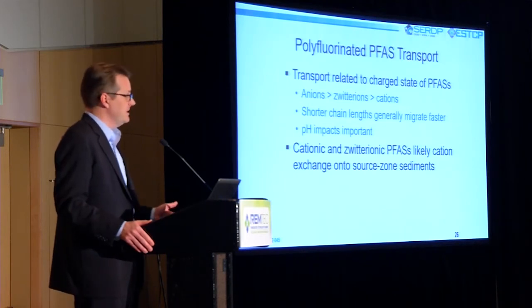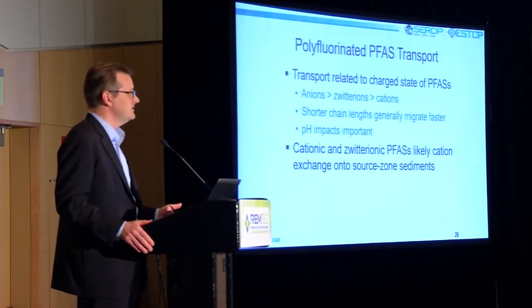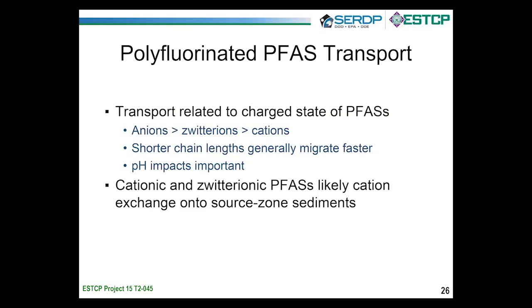We expect, for example, that the organic cations, and there's some initial data suggesting that these organic cations might absorb very strongly to soils and sediments and might undergo cation exchange processes, again leading to potentially very high concentrations of these organic cation precursors to the perfluoroalkyl acids in source zones, and that's something that is undergoing a lot of study at the moment.